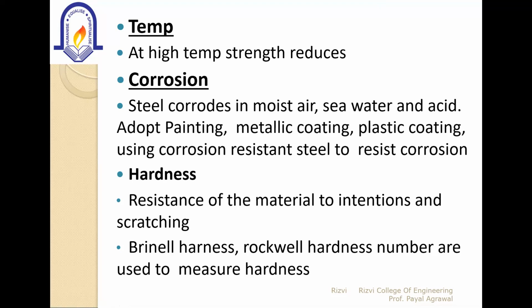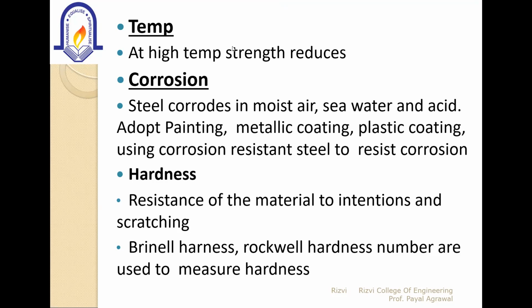Corrosion properties. Steel is corroded in moist air, sea water and acid. What are the causes of corrosion in steel? Whenever moist air is there in the environment, as well as salty water or sea water on your structure, and also because of acid.